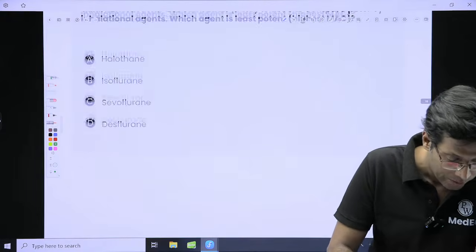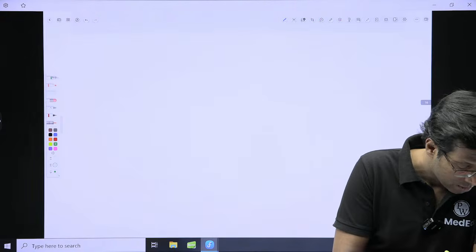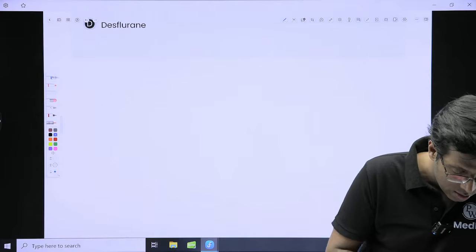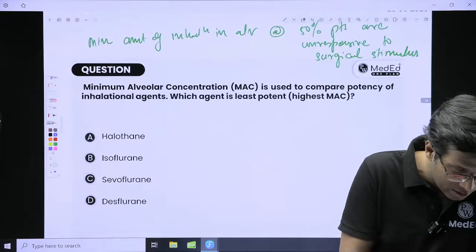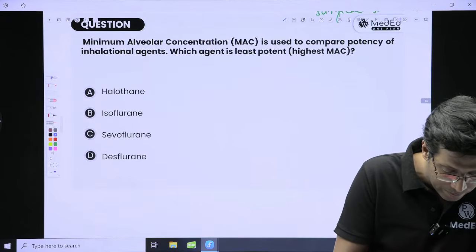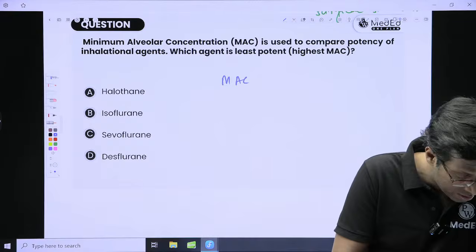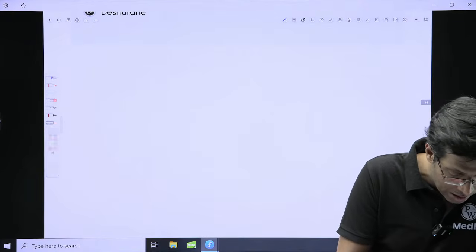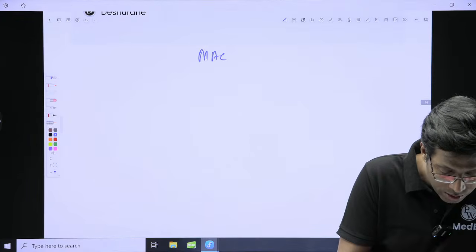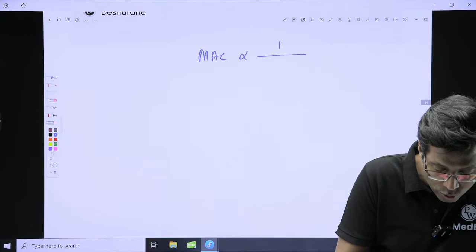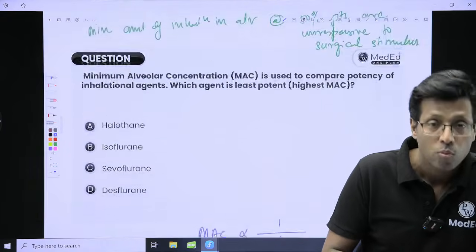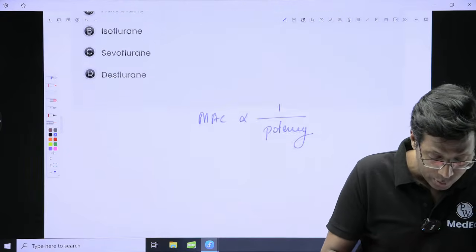So to remember this, the mnemonic tells you dose and potency. Basically minimum alveolar concentration is inversely proportional to potency, right?